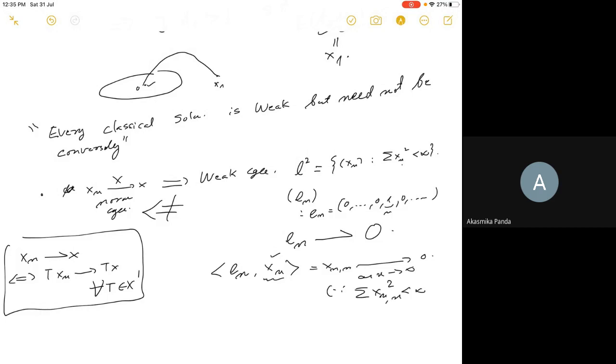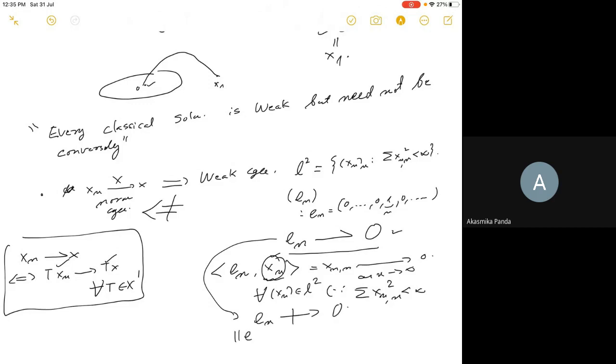This happens for every sequence in L2. In other words, this happens for every member of the dual of L2, and this establishes that en goes weakly to 0. But en does not go strongly to 0. Why? Because the norm of en in the L2 space is always 1, but the norm of a 0 sequence is always 0.